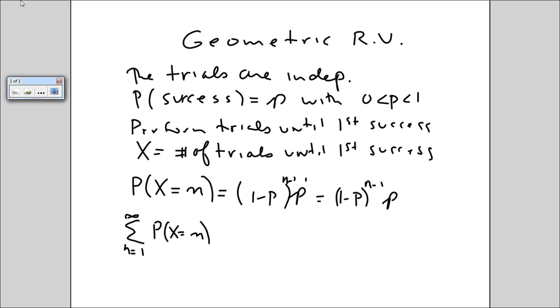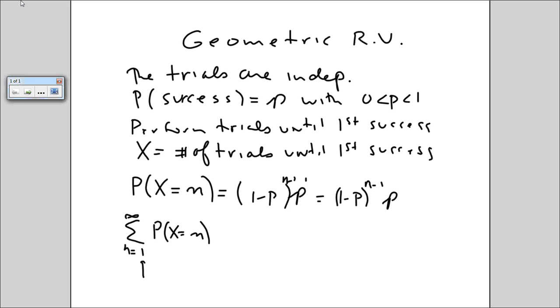That is, the probability of the first success on the first trial, plus the probability of success on the second trial, or the probability of success on the third trial, all the way up to infinity. Now, why don't I start with 0? Because it's going to be kind of hard for the first success to happen on the 0th trial. If the 0 trial, you didn't do anything yet. You didn't toss the coin yet.